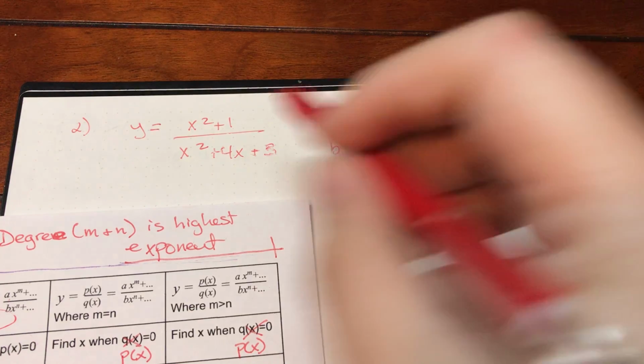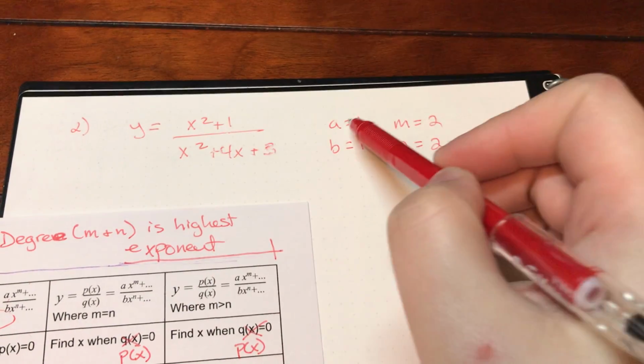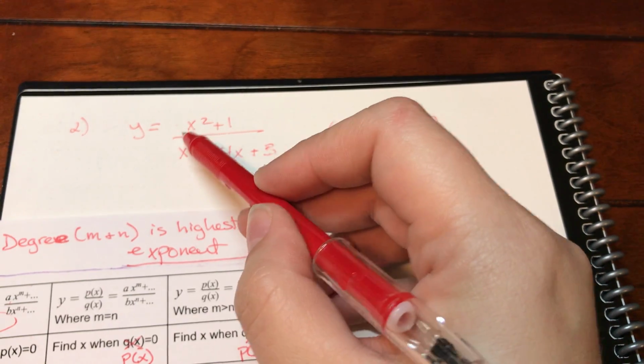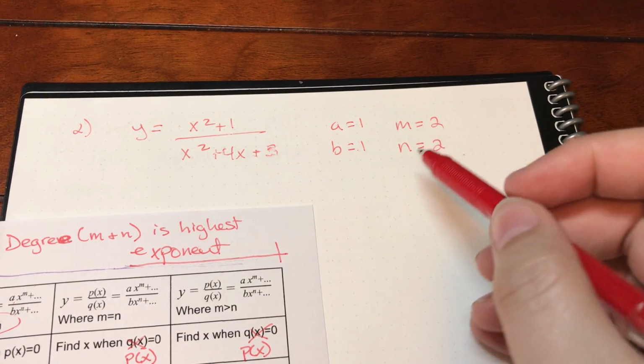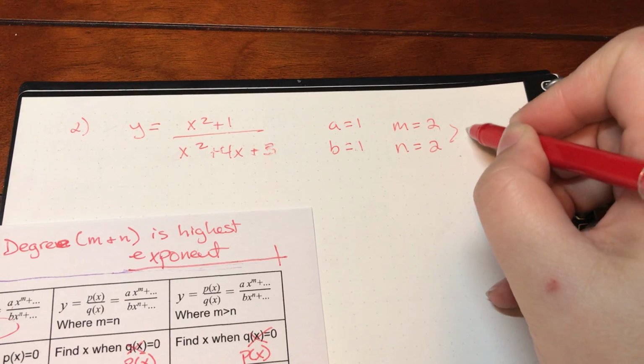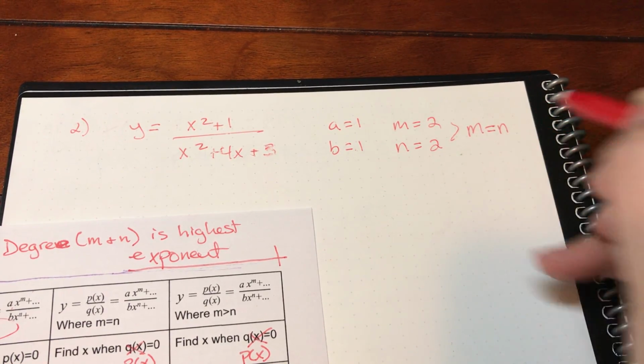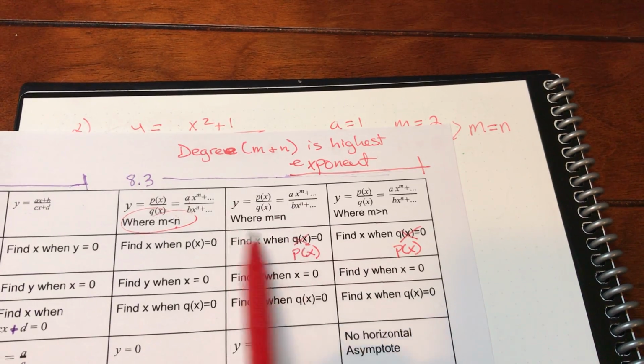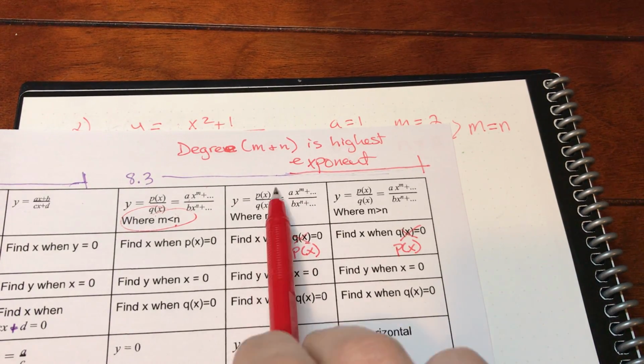Remember, M and N are the degrees, and A and B are the leading coefficients. In this case, you don't see them, so they have to be 1. So M is equal to N. I'm going to look on my chart and focus on this column right here where M is equal to N.